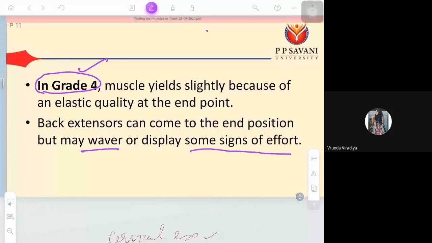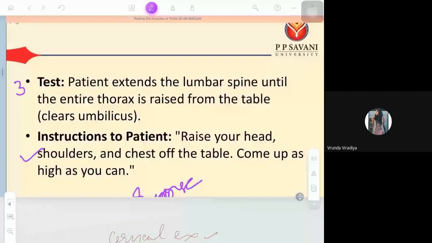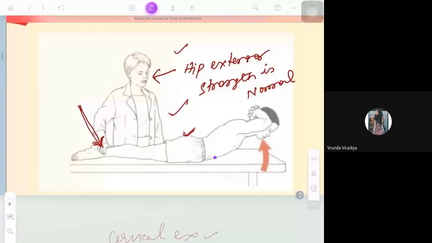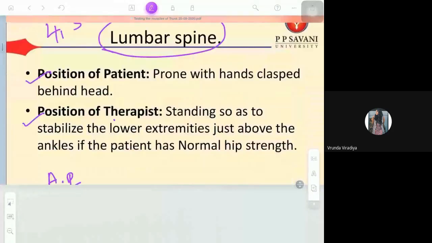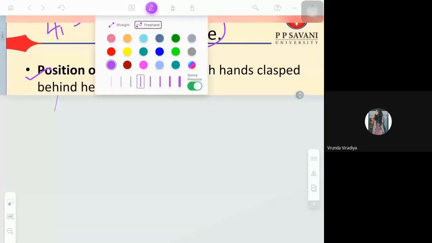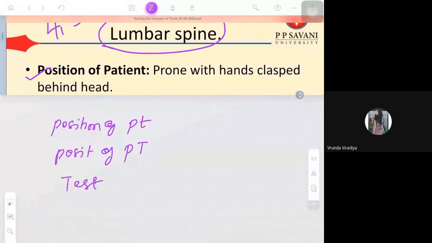Sir, repeat it. First is position of patient, position of therapist, and test, and what is last?